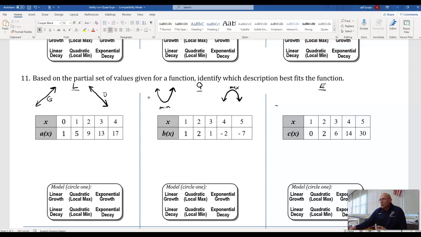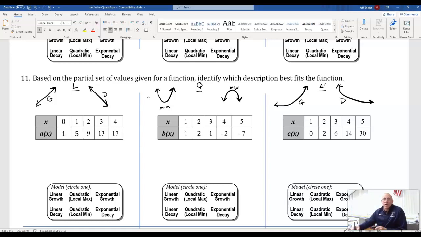An exponential could look like this. That's growth. Or an exponential might look like this. That is decay.